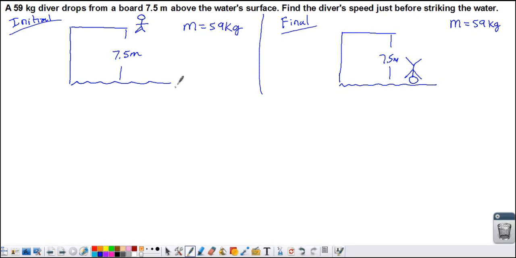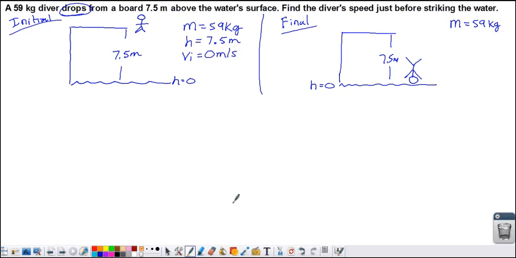So I'm going to say the water's surface is height 0, which means that the diver is at a height of 7.5 meters to start. And we know the diver is dropping from the board, so they're not going to jump off the edge, they're just going to walk over and drop. So the initial velocity here is going to be 0 meters per second to start.